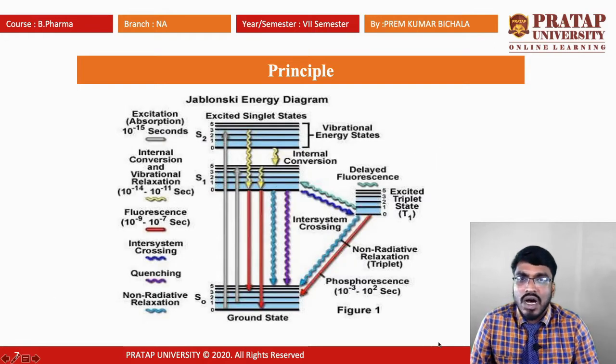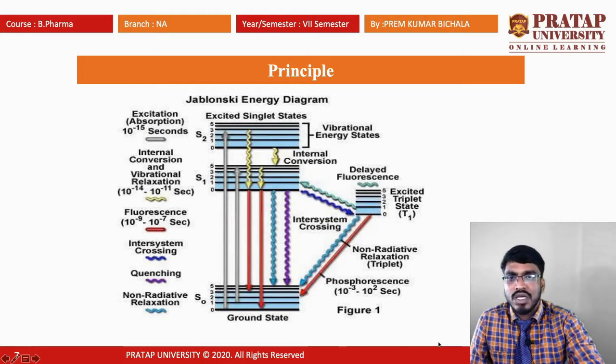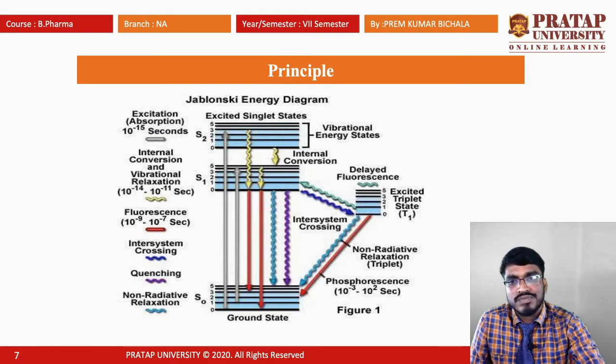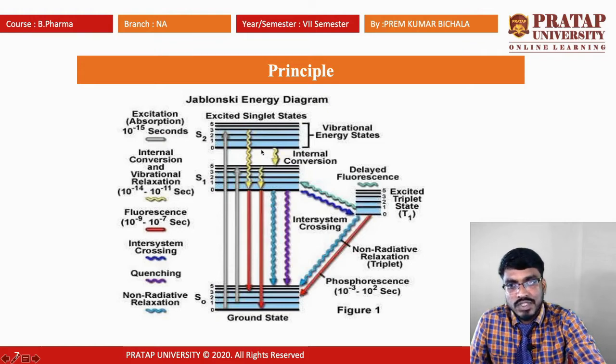This is the diagram, or we can say the Jablonski energy diagram. In this diagram we can observe all the processes of emission. Here this is the ground state. From the ground state it moves to the singlet excited states S1 and S2. This happens when the absorption takes place.